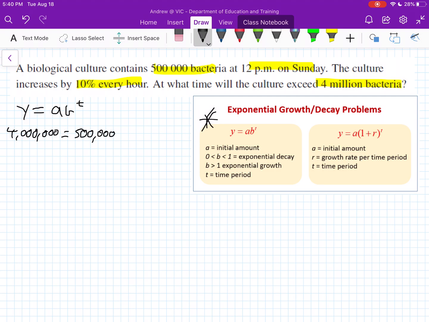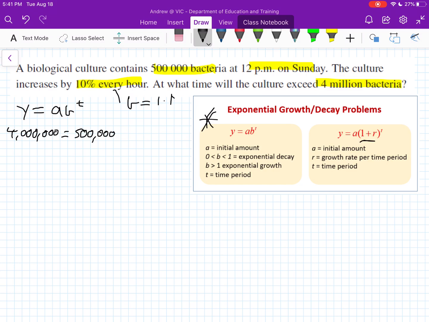Okay. And then we've got our b value here. This is our exponential growth or decay. It increases by 10% every hour, so this means it is exponential growth because it's increasing. This makes our b value equal to 1.1.